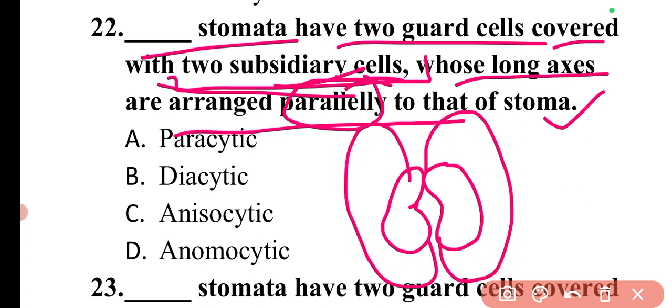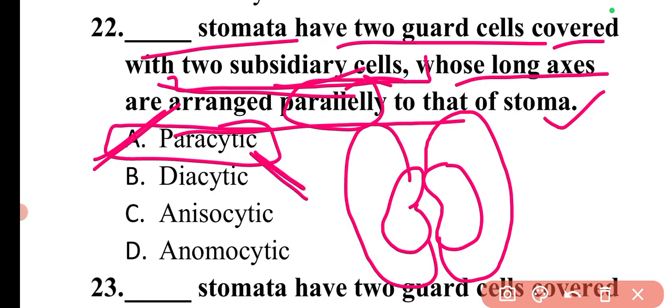These type of stomata are known as paracytic stomata. You can remember this: P is for paracytic, P is for parallelly.